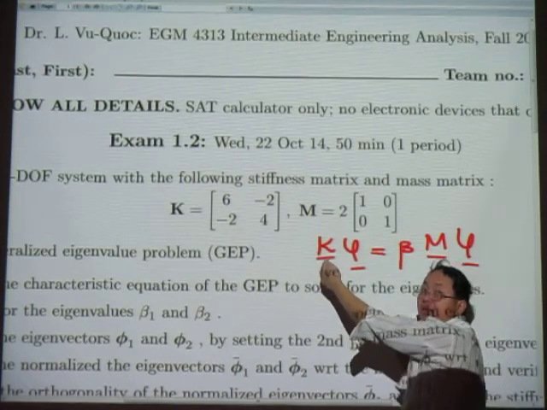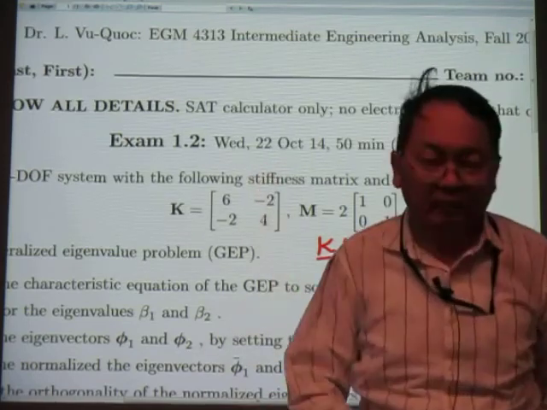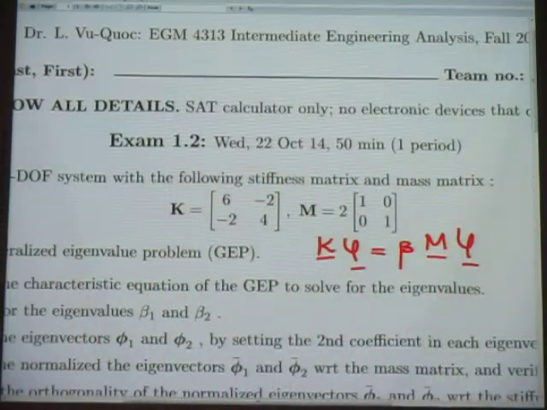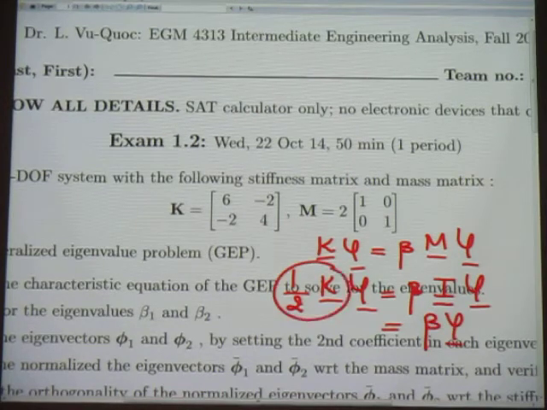So that means that you have a new stiffness matrix. Call it K bar. So here, if you write 1/2 K phi equal to beta identity times phi, and that's the same as beta phi. That's it. And this is a new stiffness matrix you can call K bar.